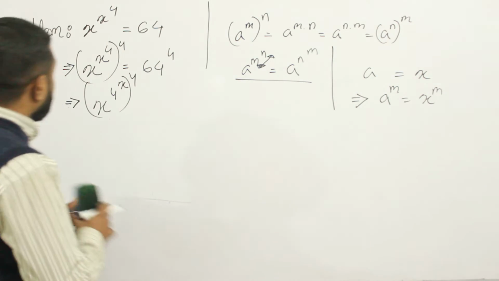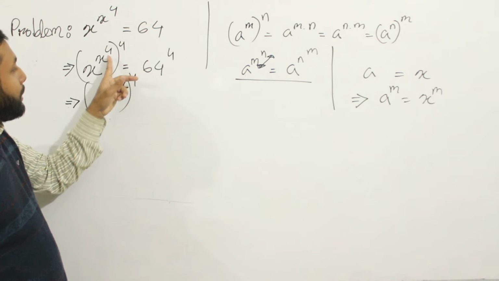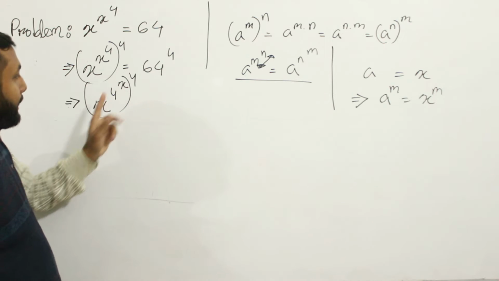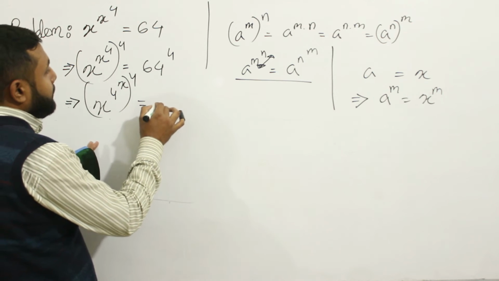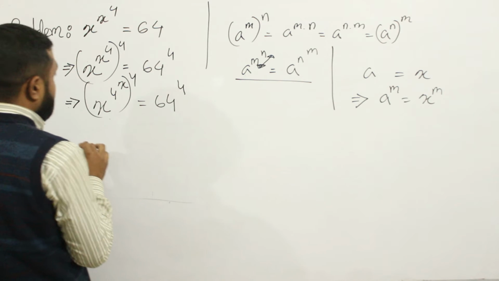So we may rewrite this: x to the power 4 is equal to x to the power 4 to the power x, then our right side is 64 to the power 4.